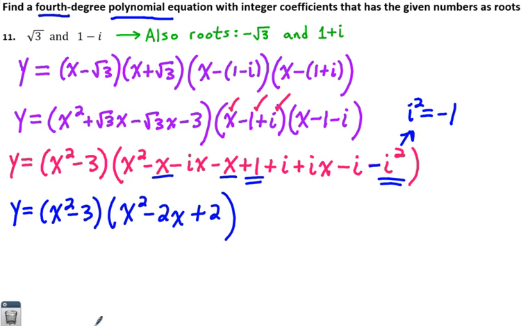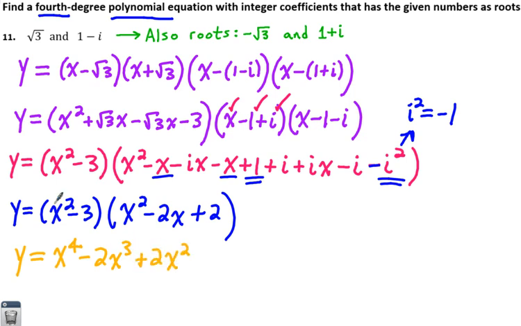And so now I just have to keep multiplying all this stuff together by distributing. It's going to be x squared through these three. Then it'll be a minus 3 that I distribute through these three. So here we go. x squared times x squared, x to the fourth, x squared times negative 2x is minus 2x cubed, plus 2x squared.